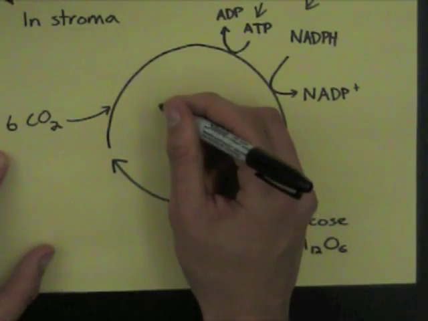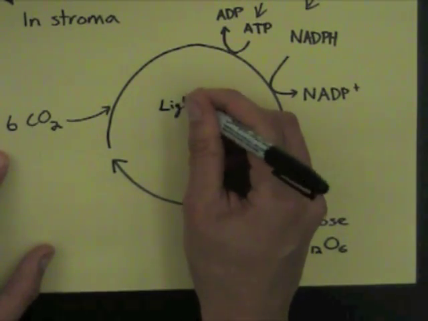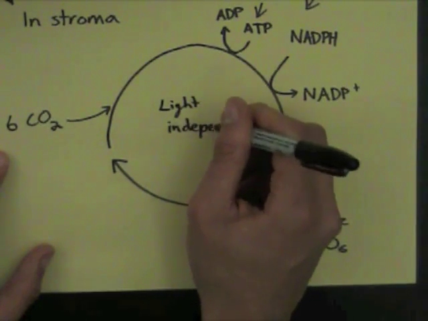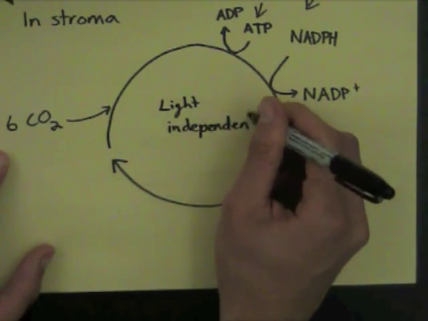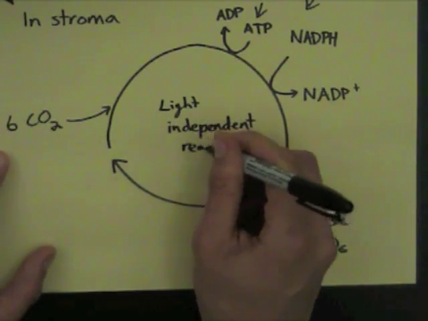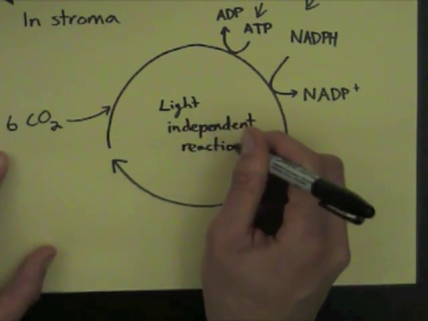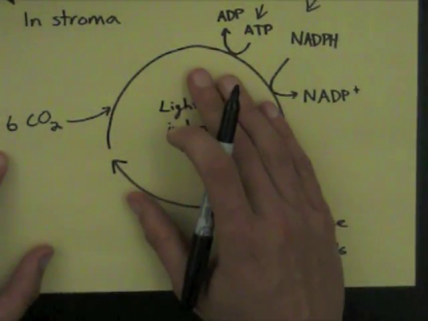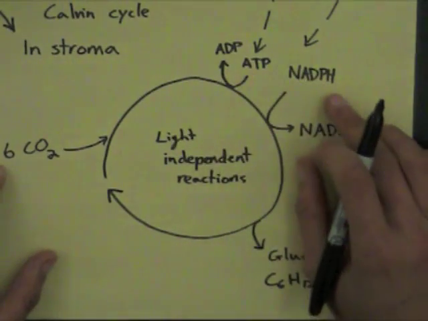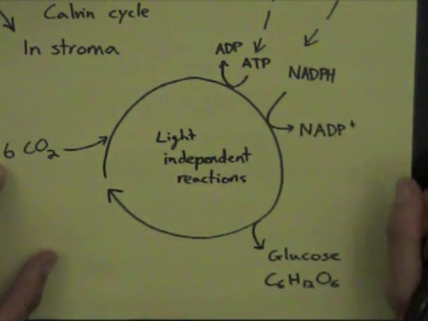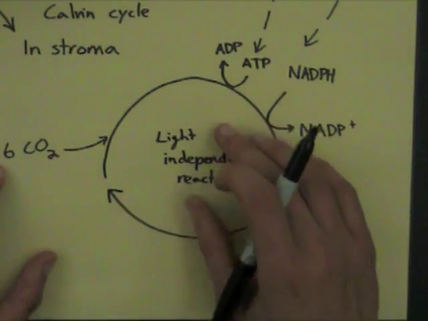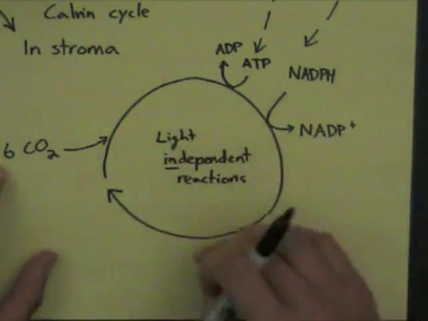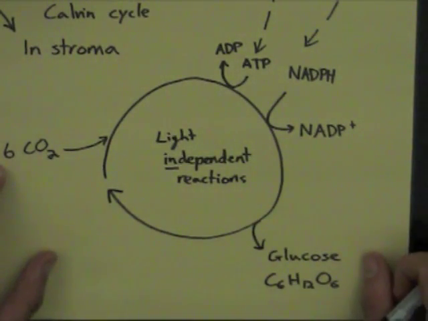It's also sometimes called the light-independent reactions, or the dark reactions, because it doesn't directly need sunlight. It needs these products, ATP and NADPH, that came from the light-dependent reactions, but this is independent of light. It doesn't need light directly to make it work.